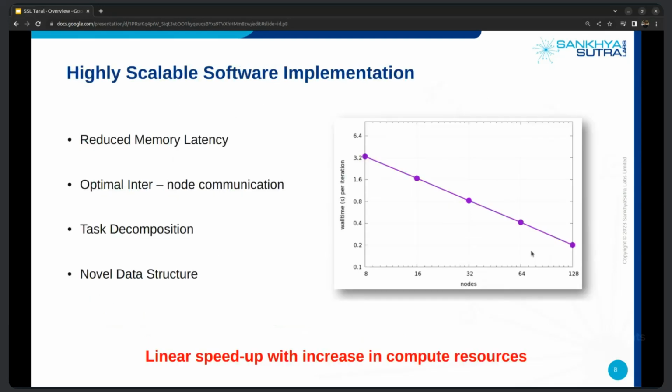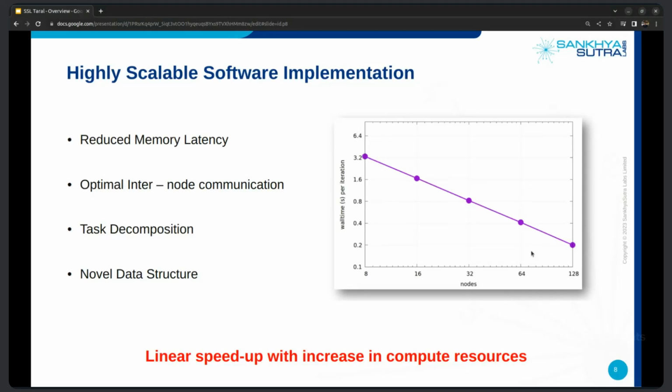Now, because of our novel data structure, we have a very convenient thing where we see a linear speed up in the processing speed with an increase in compute resources. This is not usually the case with most solvers, because even though you might increase, let's say, your number of nodes from 2 to 4, you won't be able to simulate it in exactly half the time.